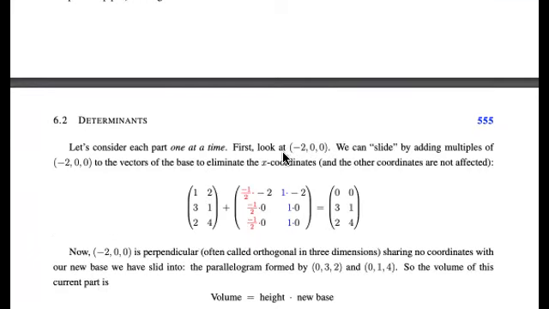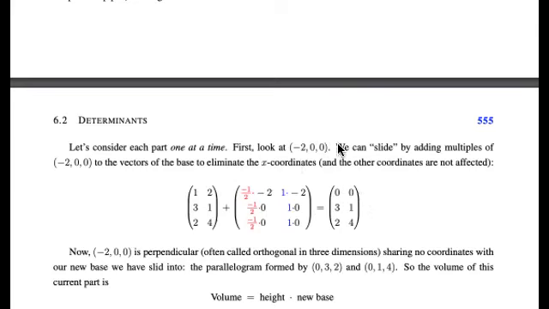So let's take this vector that comes off and take multiples of it to add to this. We can add negative half times this to this first one, and then we can do a different multiple. After we've slid that way, we can slide in the other direction by taking a different multiple of this and adding it to this one. And in such a way, sliding in this direction and that direction, we can zero this out.